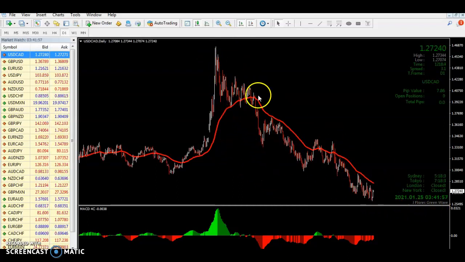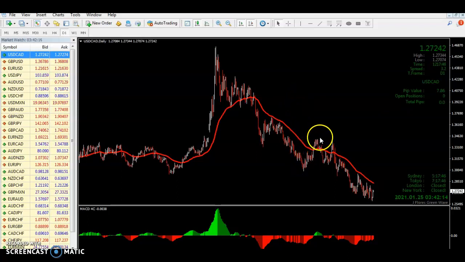And sometimes we wait for structures on the one day, 4 hour, 1 hour, sometimes in the 30 minutes, and we trade those moves because the market's going to go up, markets are going to go down, then it's going to go up and down all the time. That's never going to change.